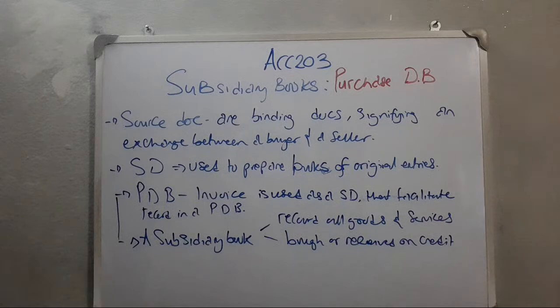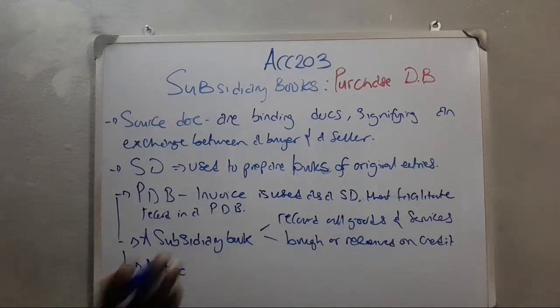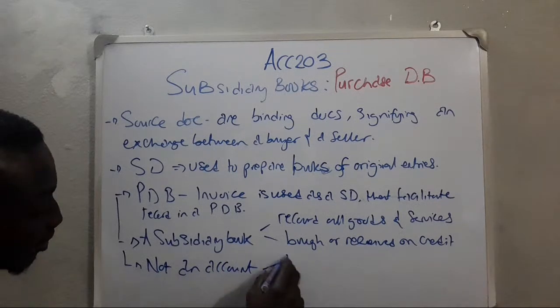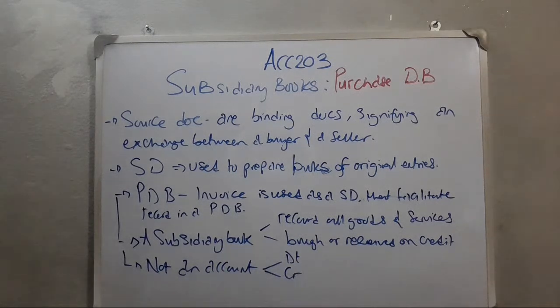You should also know that the purchase day book or purchase journal is not an account, because it has no debit side or credit side. So purchase journal or purchase day book is not an account. So we have that.